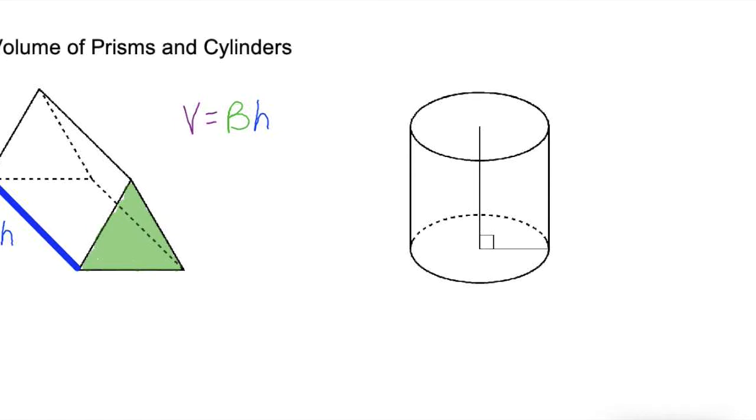We'll use the same formula or a very similar formula for the volume of a cylinder. In the cylinder that's illustrated, we first want to look at the area of the base. The base is shown in green. And we'll multiply that by the height, which is shown in blue.